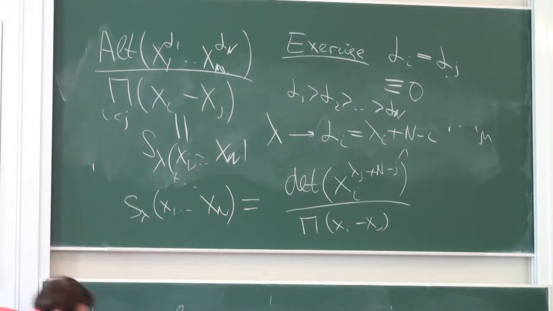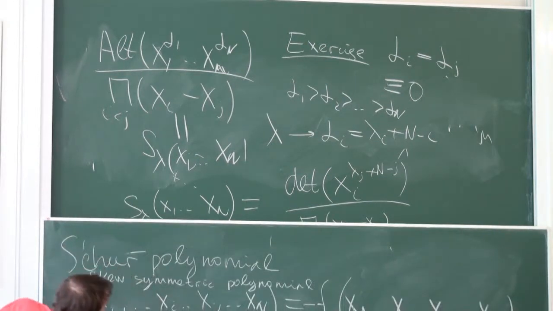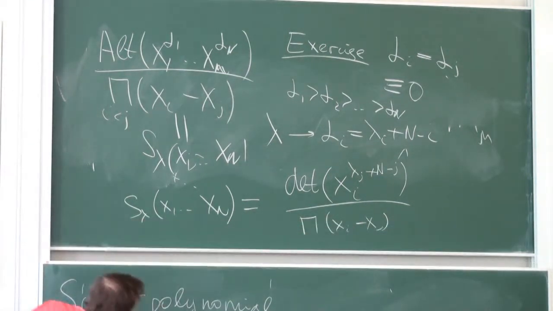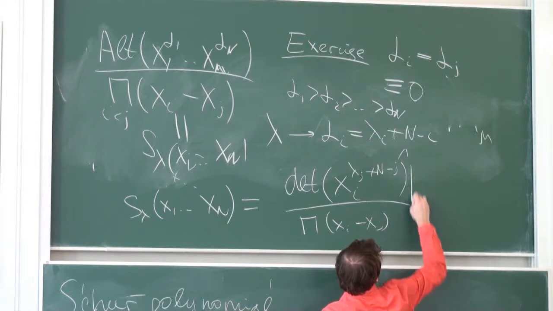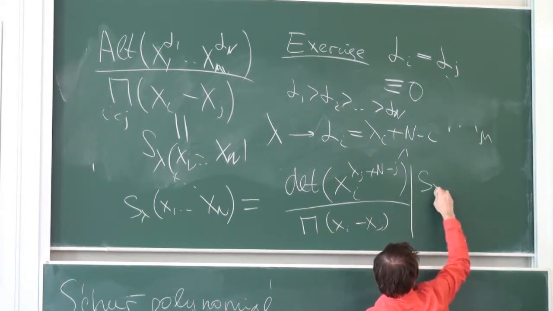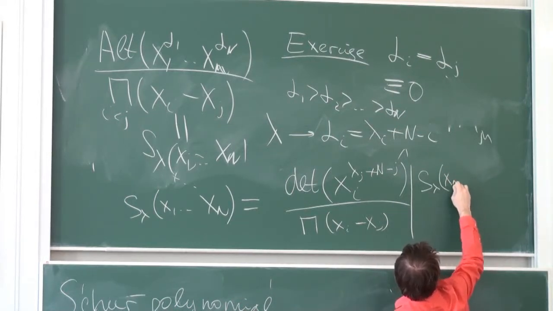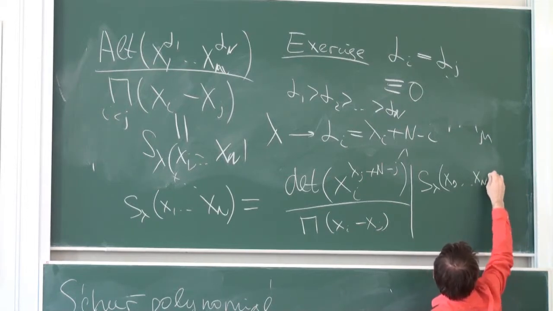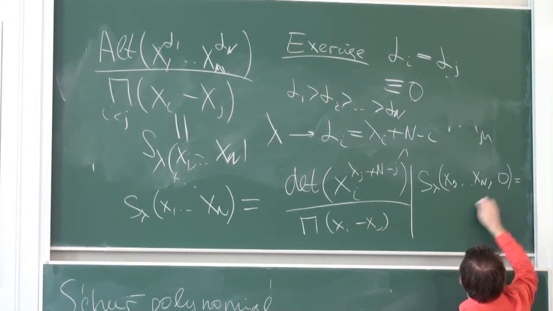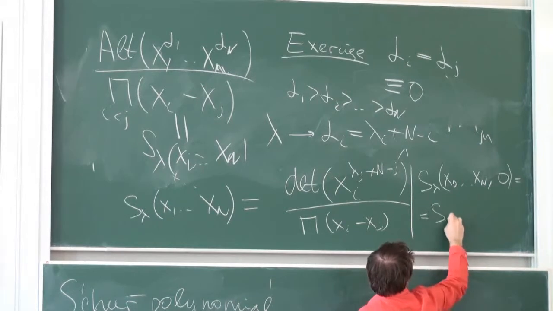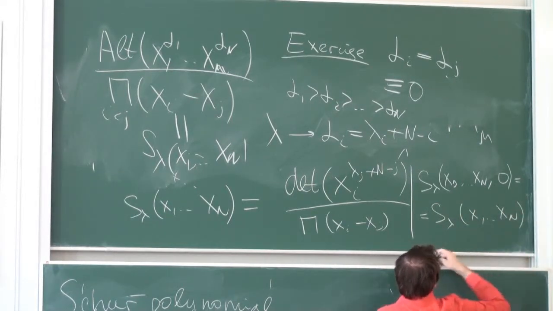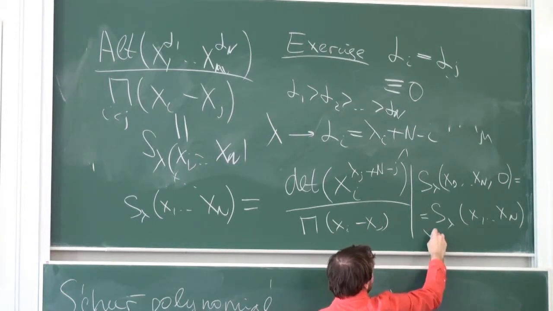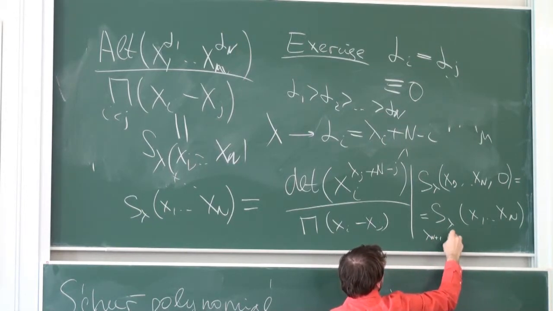Okay. So for now, this is a polynomial in just finitely many variables. But from the definition, one can prove the property that if you specialize one variable to 0, xn equal to 0, then you get the same Schur polynomial as soon as the n plus 1th coordinate of your partition is 0.